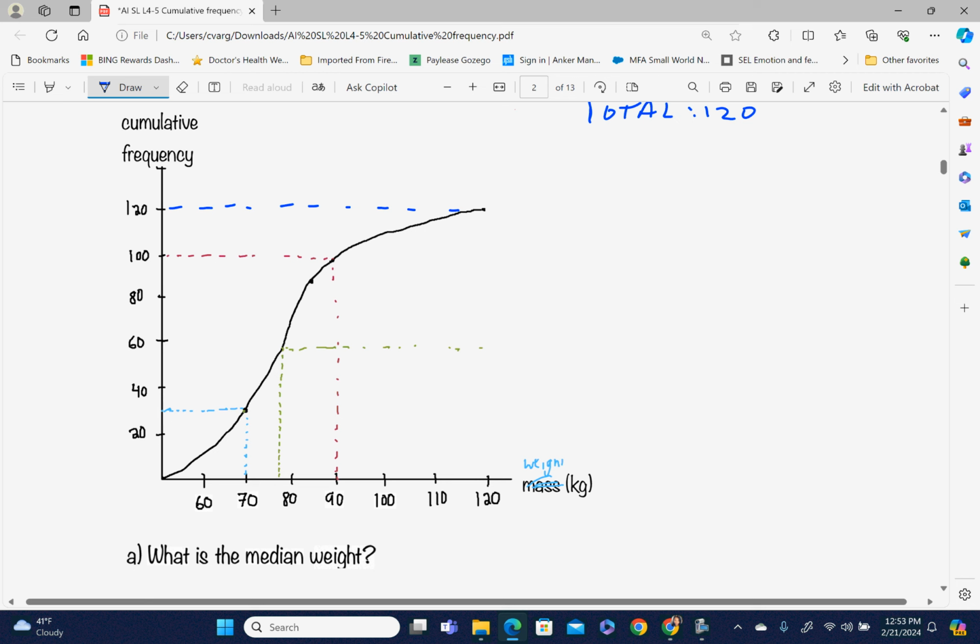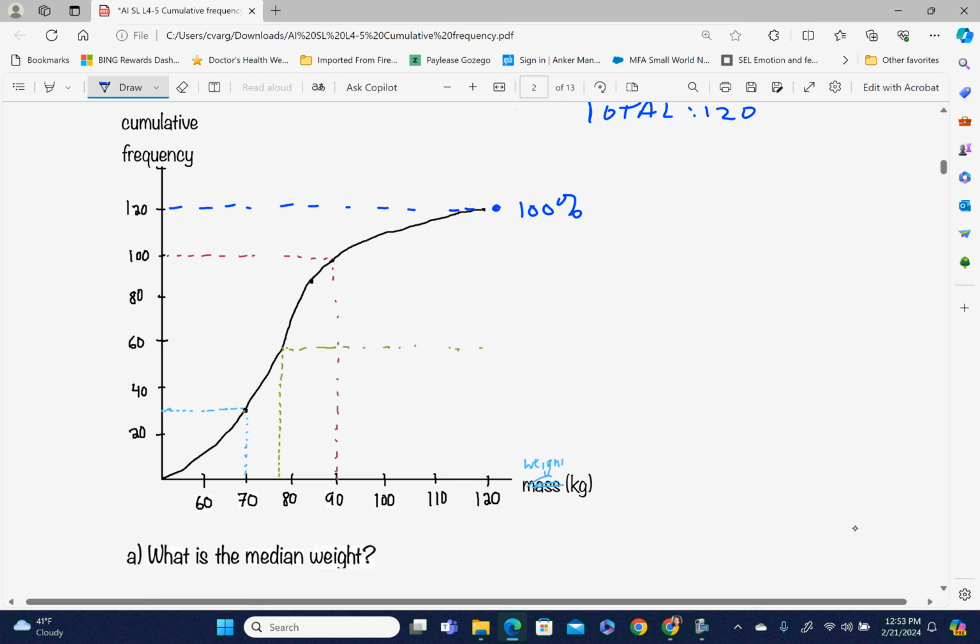The next question is, what is the median? But before we can do that, let's talk a little bit about what this means, right? The highest number that we have is 120, so this point right here is 100%. That is our total. It's 120 people.